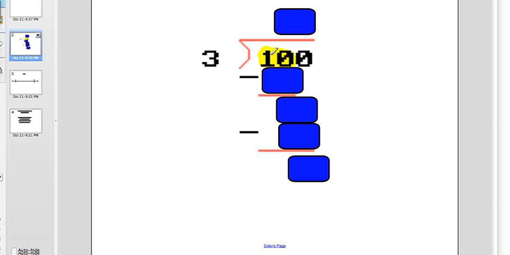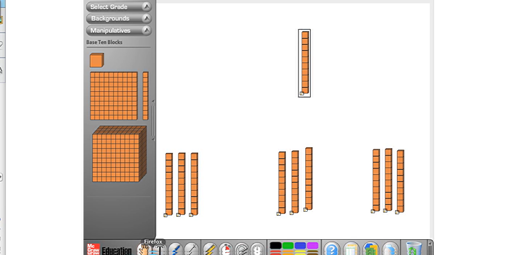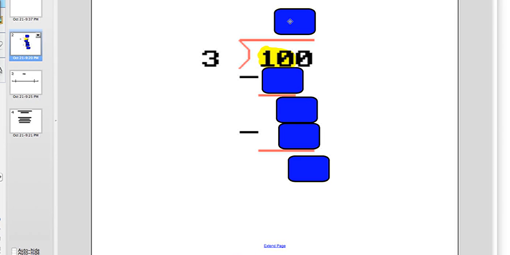And now I said, could I put some of those tens in each group? Yes, I could. How many of those tens went in each one of these 3 groups? Well, let's look back at it. There were 3 tens in each group.